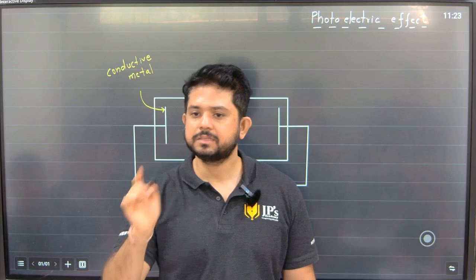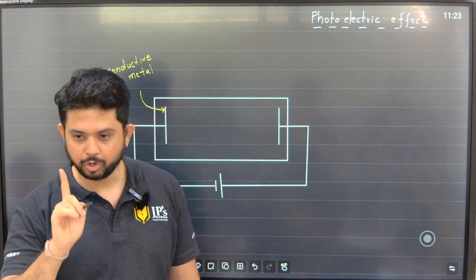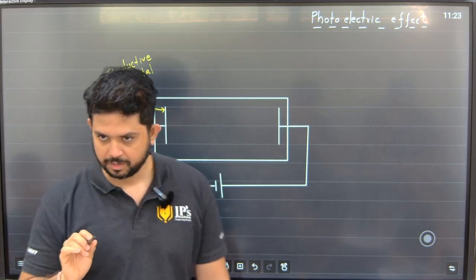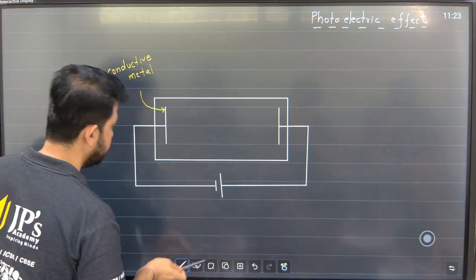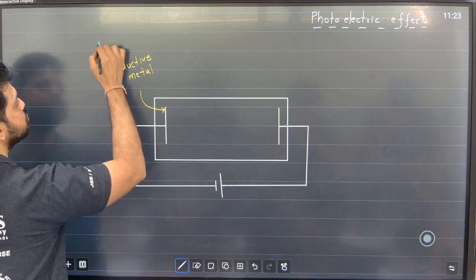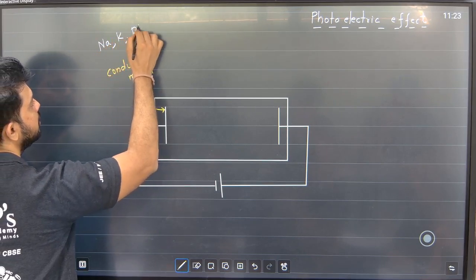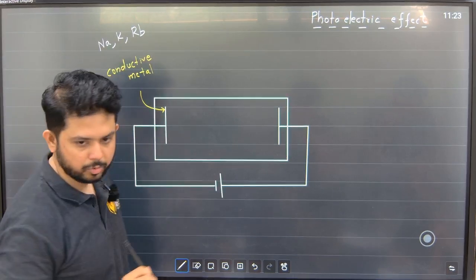Conductive metal means usually alkali or group 1 metals. As per syllabus, we consider that this is either sodium, potassium or rubidium.